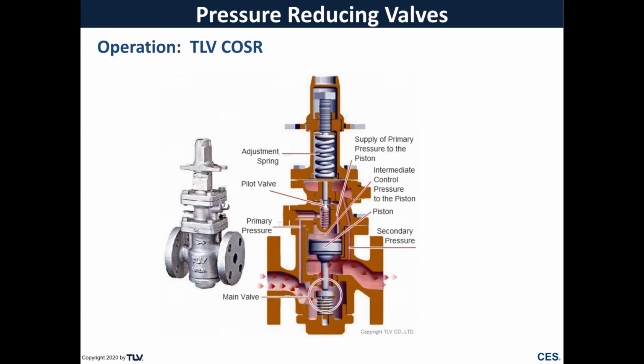As a result, there is little change needed in adjustment spring force on the pilot, which in turn provides quick response over a wide range of steam flow rates. Quick response and tightened delivered pressure control represent the main advantages of this type of valve.